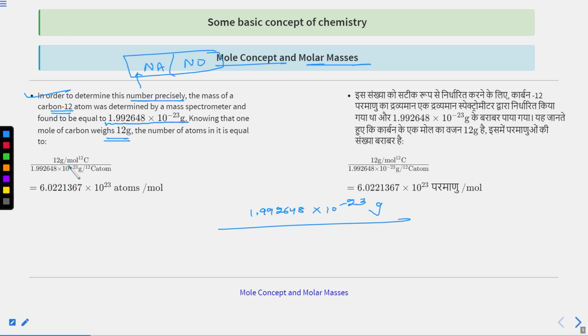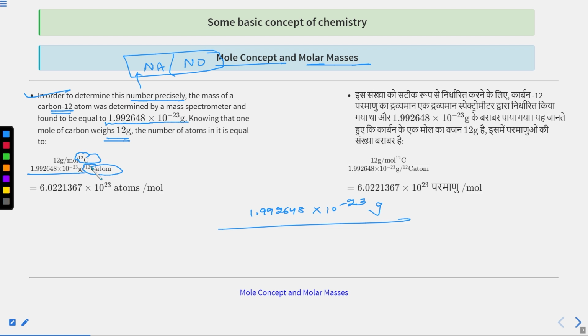Right? So if I want to calculate the number of atoms in it, which is equal to 12 gram per mole for carbon 12 isotope, divided by 1.992648 into 10 raised to the power minus 23 gram for carbon 12 isotope.